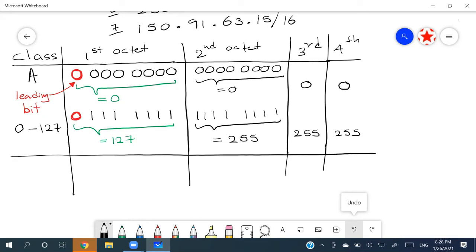So I'm going to class B. In class B, there are 2 leading bits, which means two bits don't change. Those 2 leading bits are 1 and 0, and they are always like this in class B. The other 6 bits can have 6 zeros as the least value, which indicates 128.